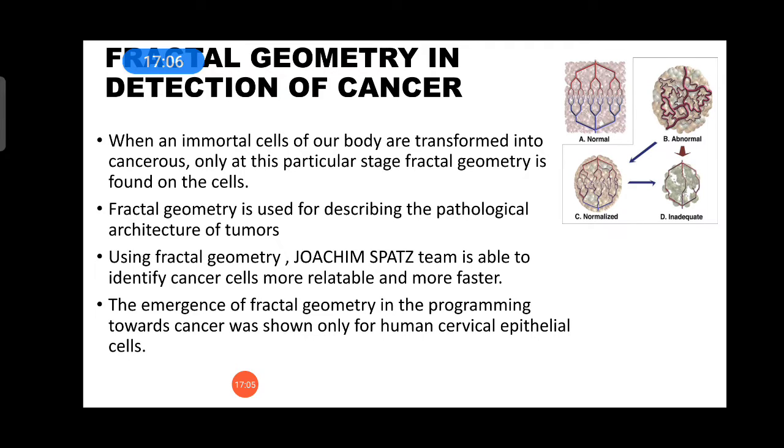Using fractal geometry, GeoSmart's team is able to identify cancer cells more reliably and faster. The emergence of fractal geometry in the programming towards cancer was shown only for human cervical epithelial cells.